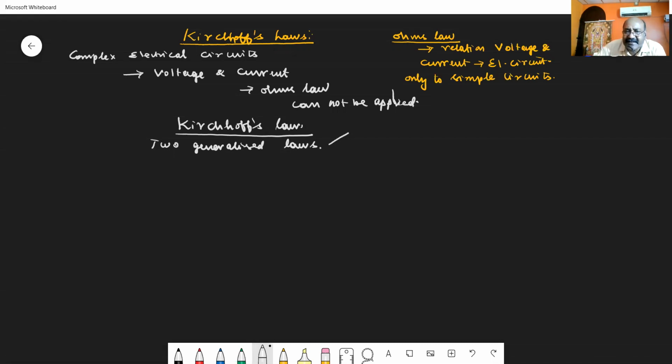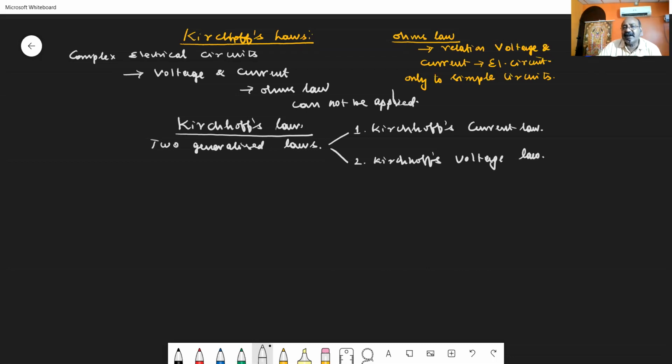One is Kirchhoff's current law, and the second one is Kirchhoff's voltage law.